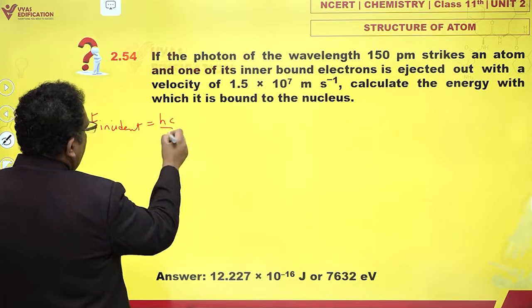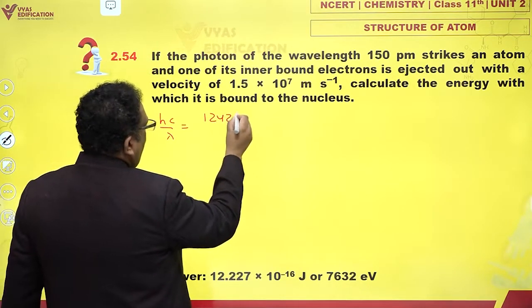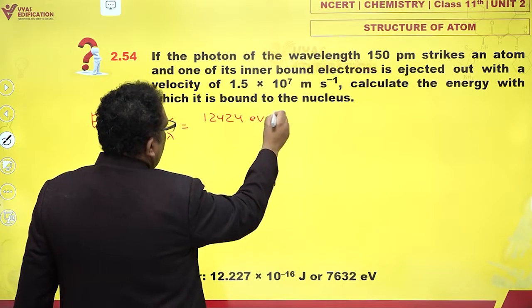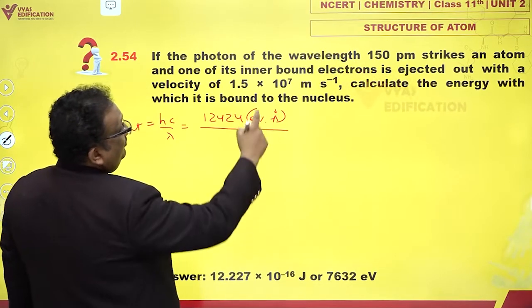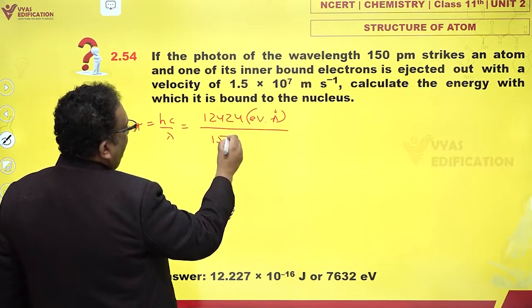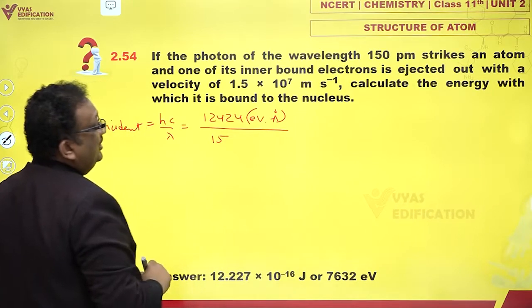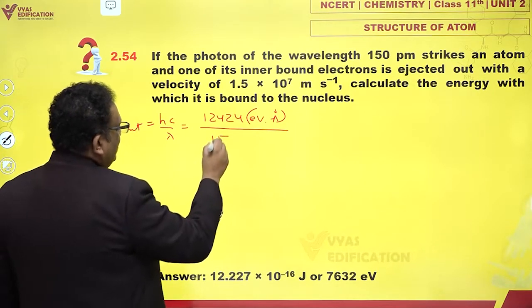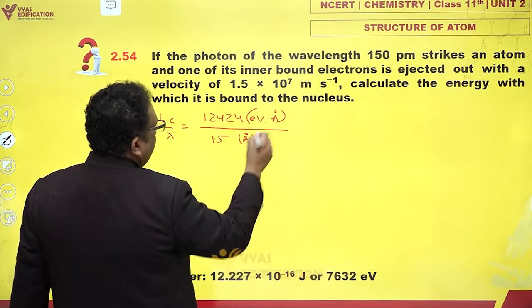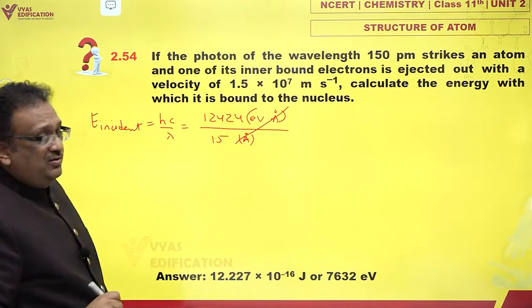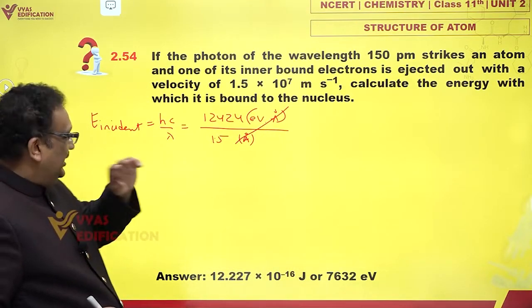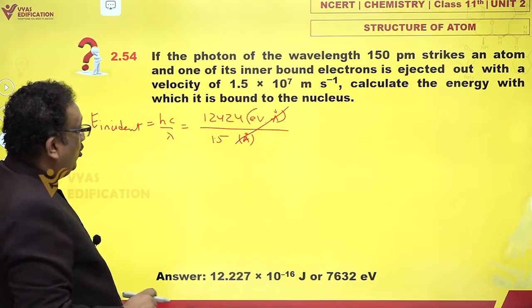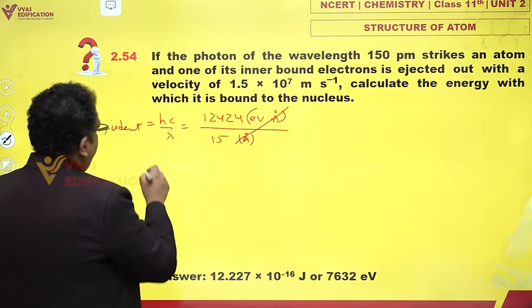So E incident is hc by lambda, which is 12424 electron volt angstrom units by 150 picometer, that means 1.5 angstrom units. This cancels off. I'll get a number, so many electron volts, and this is going to be very huge.